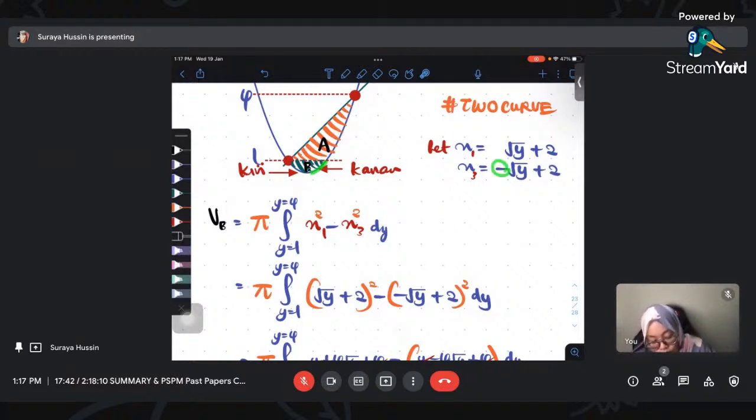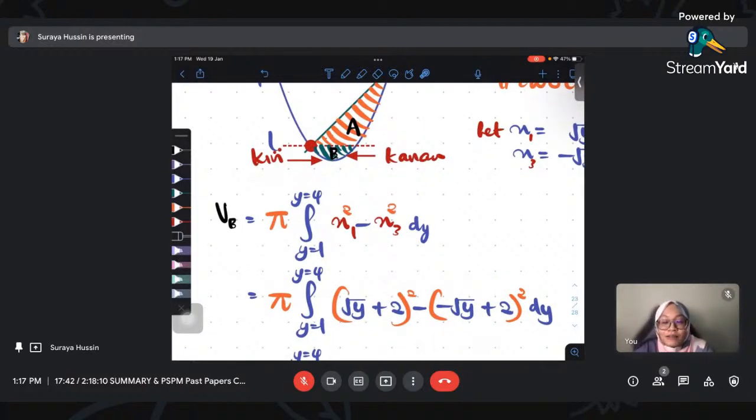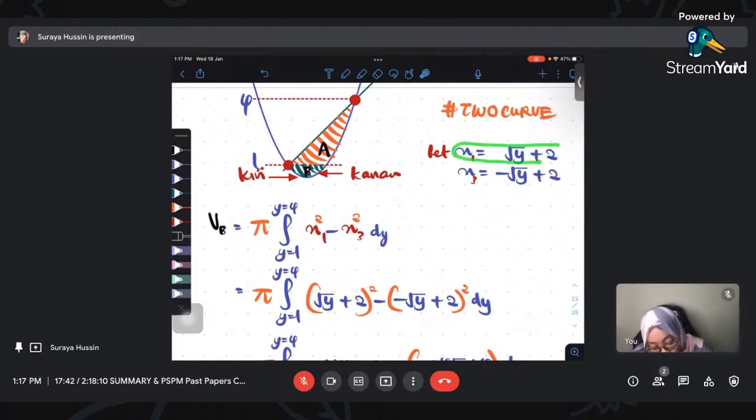Negative square root berada di lagi sebelah ni. Boleh faham ke semua orang? Boleh nampak ke? Positive square root berada di sini, di belah kanan, while negative square root berada di belah kiri. Faham ke?